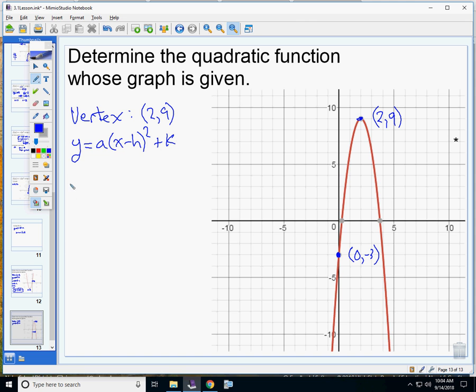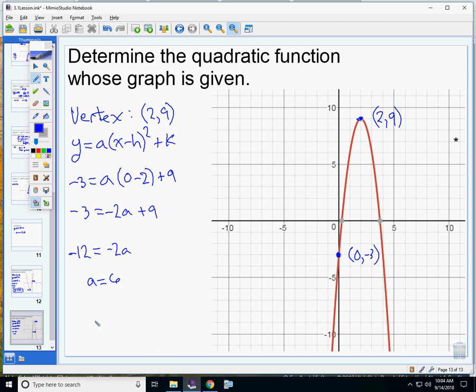So my y value is -3, a I don't know, x is 0, h is 2, and k is 9. So I multiply the a in and I get -2a plus 9. So now I subtract 9 and I get -12, and that's -2a. So now I divide and I get that a is 6.